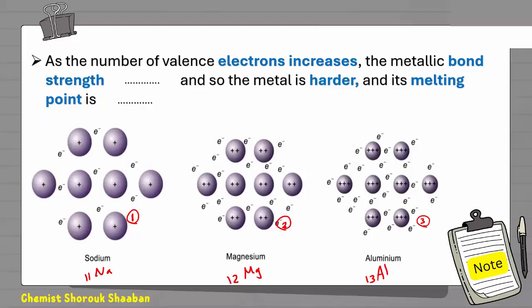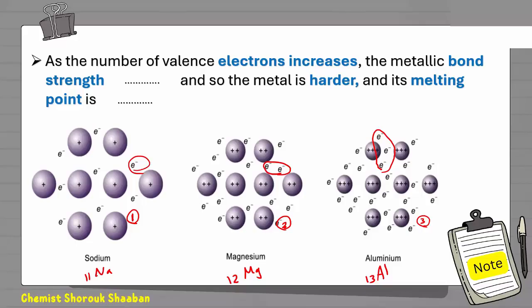So the question here: by increasing the number of valence electrons that can be lost from one atom, will this lead to increasing the metallic bond? You have to ask yourself: do these electrons increase the attraction between ions?